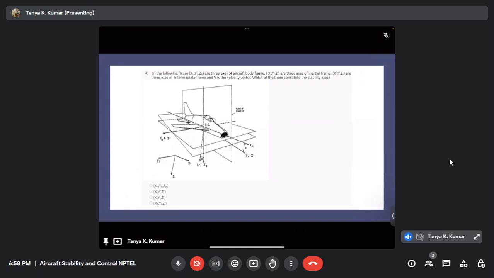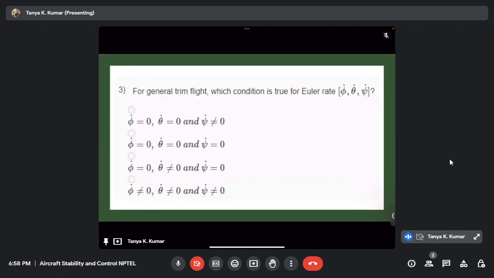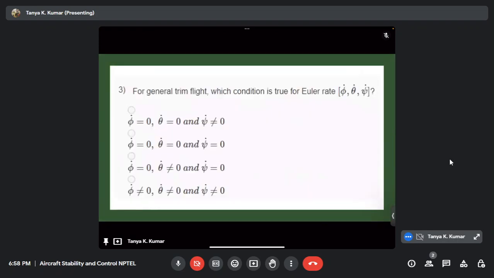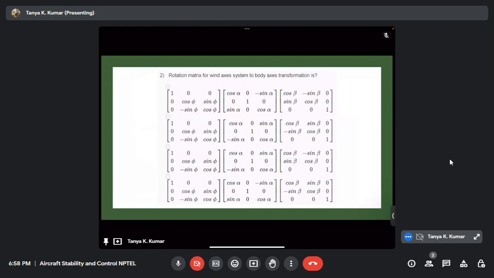Wind axis is also known as the stability axis. We use the wind axis or the stability axis to simplify our equations of motion, because if we take our forces along the direction of motion, along the direction of the wind, then a lot of these sine cos terms will not appear in the equations.